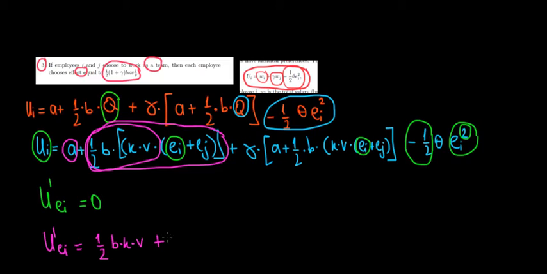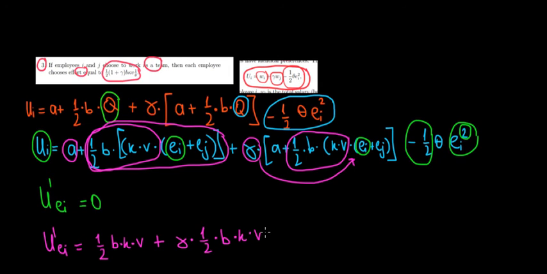Now we go to the next term. What do we have here? We also have a term depending on the effort of individual I. When we take the derivative, again we'll keep the constants. Gamma is going to be multiplied with that term, so gamma will be a constant, and then these terms over here are also going to be constants next to this variable. So we'll have gamma multiplied with 1/2 multiplied with b, with k, and with v.